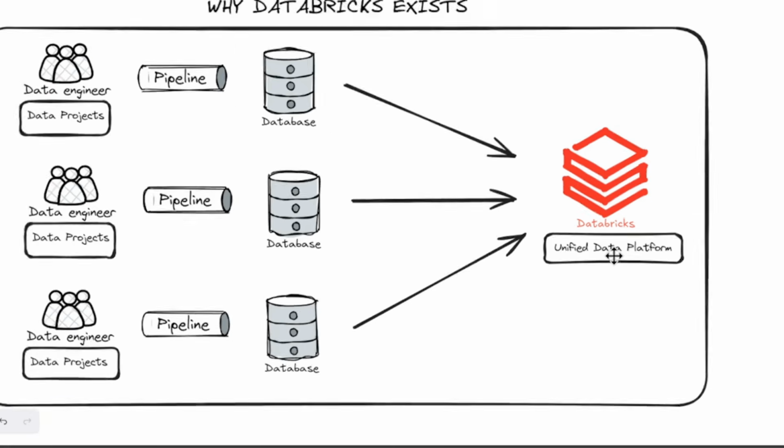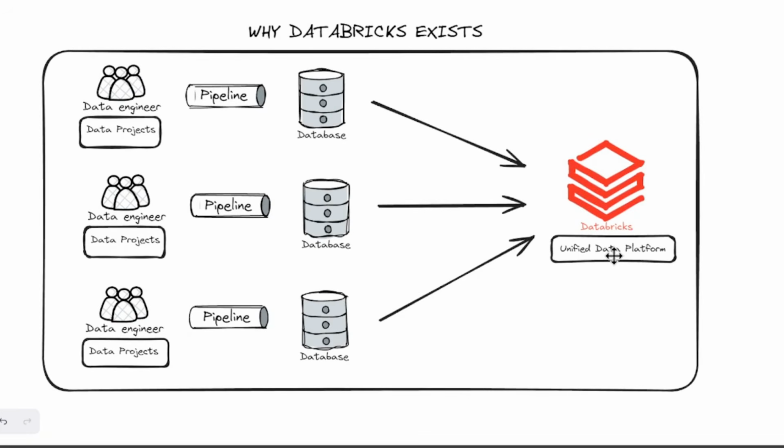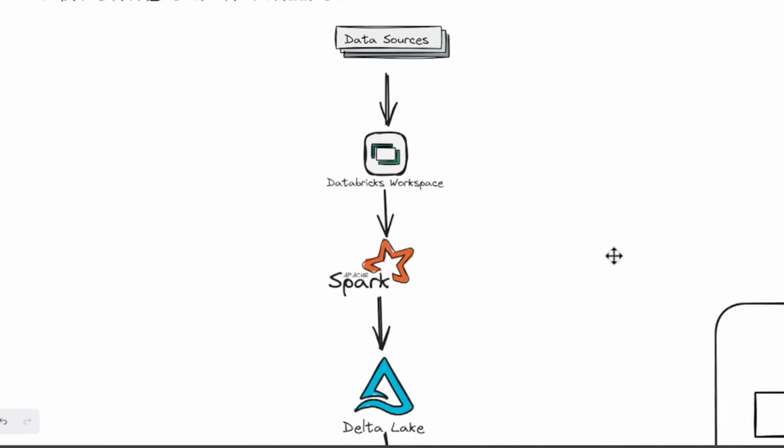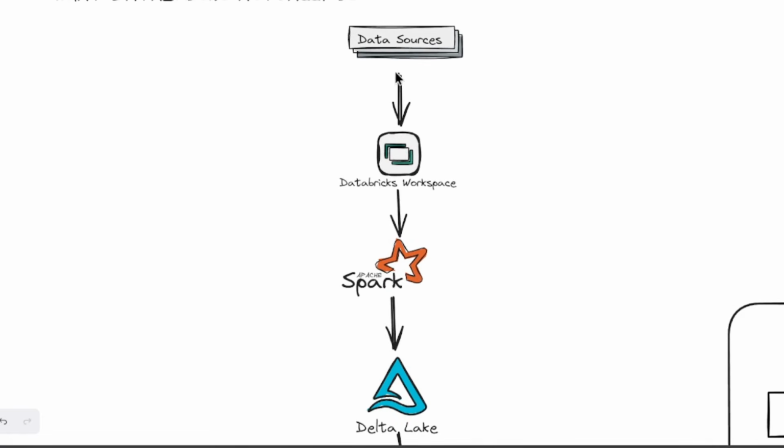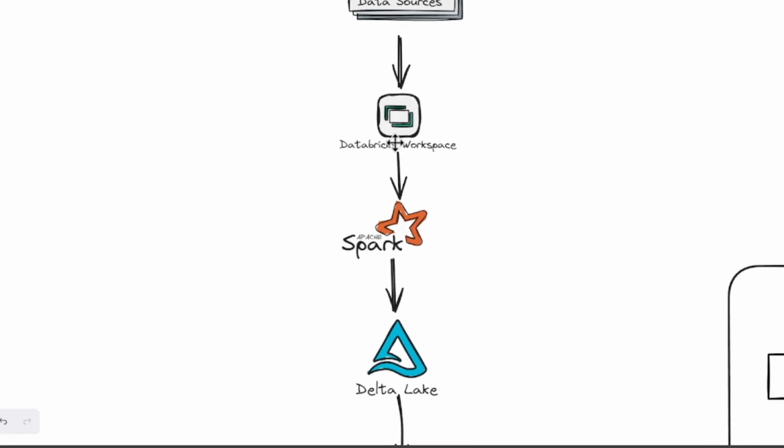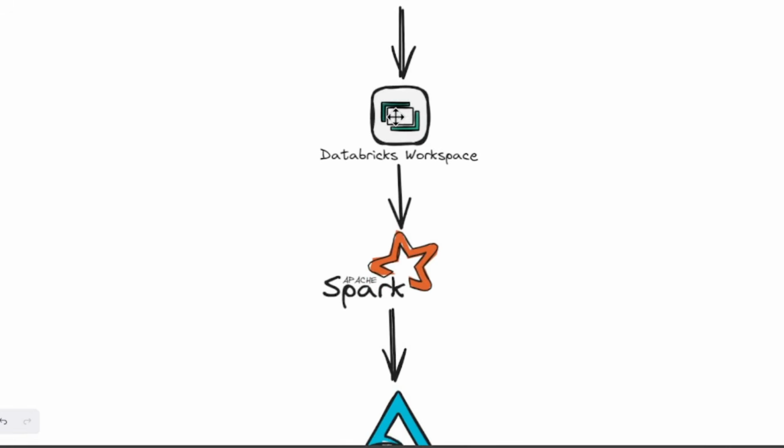Now let's understand what Databricks actually is and how it works. So, first, the data comes from different data sources. These data sources can be files, databases, or cloud storage. This data then enters the Databricks workspace. The workspace is where the data engineers, data analysts, and data scientists do their work.